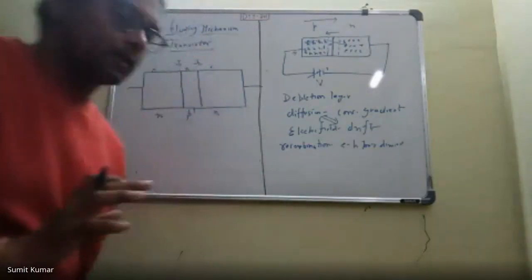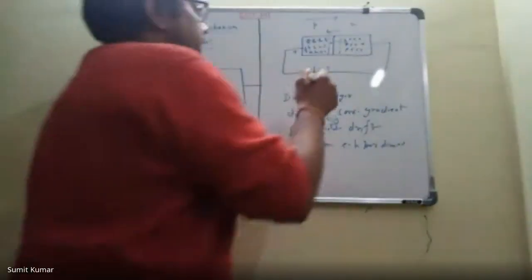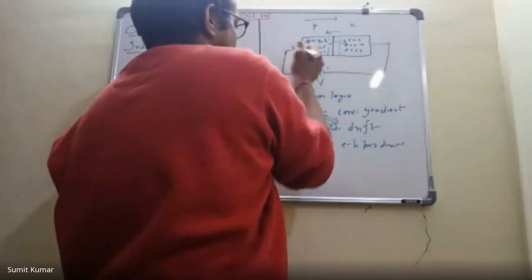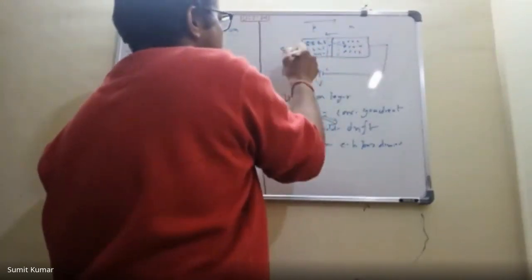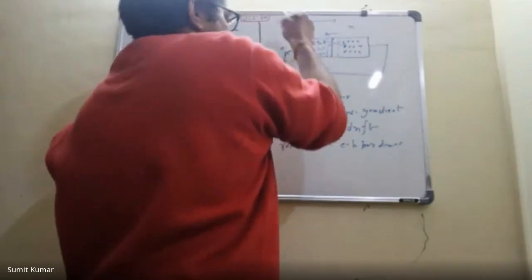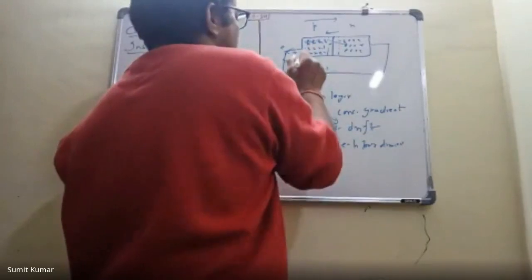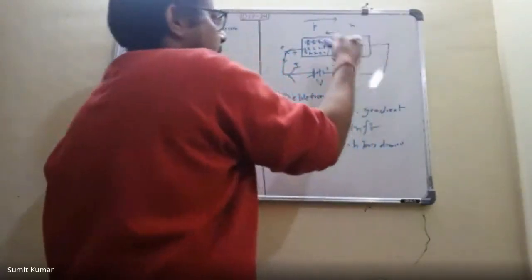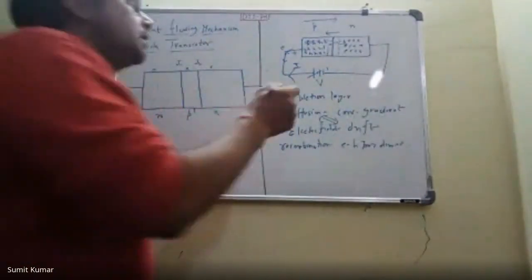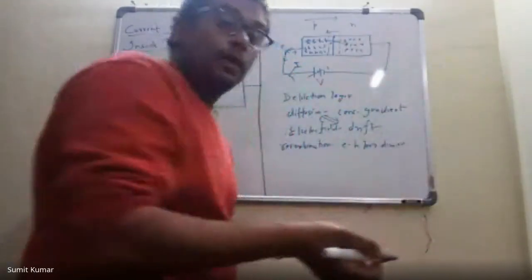We have already discussed the process of recombination in the PN junction. And these electrons are moving. Now the current is flowing. These electrons are moving here, and if these electrons are moving here, then definitely we know that this is the direction of current. And at this side, if these holes are moving here, then again recombination is taking place.